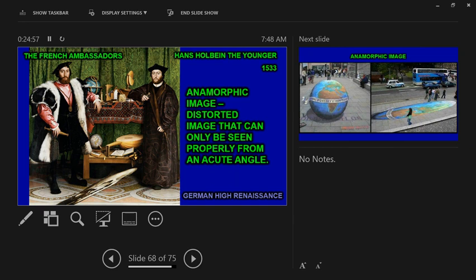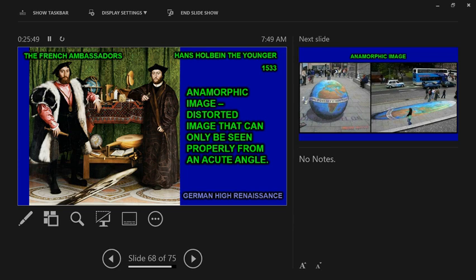A distorted image that can only be seen properly from an acute angle. Are we good with this definition?